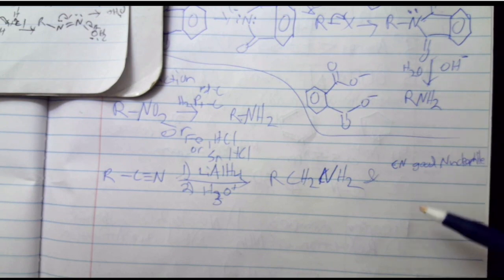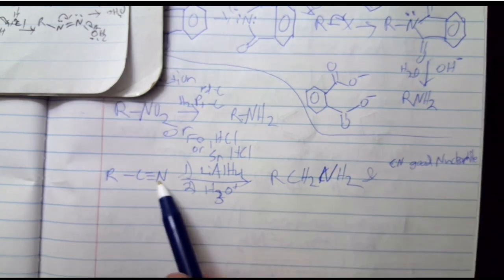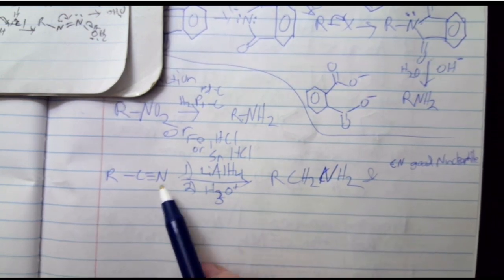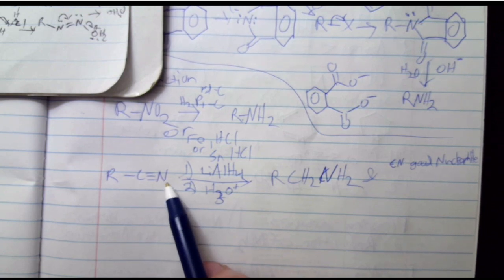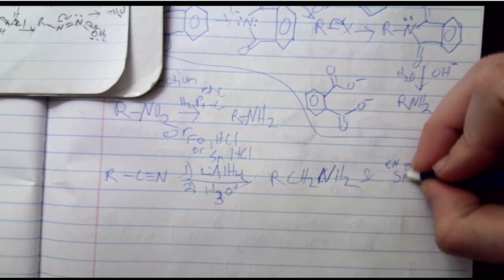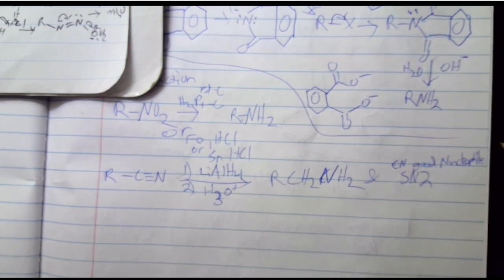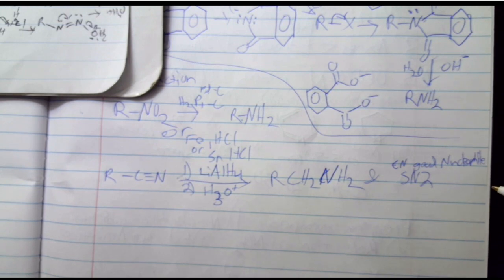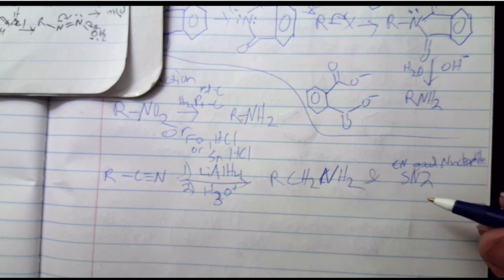Adding the cyanide and reducing it. So it increases the chain by 1 before putting the amine in. So we can do SN2 addition with cyanide without much of a problem. And then you don't have to worry about the multiple additions as well.